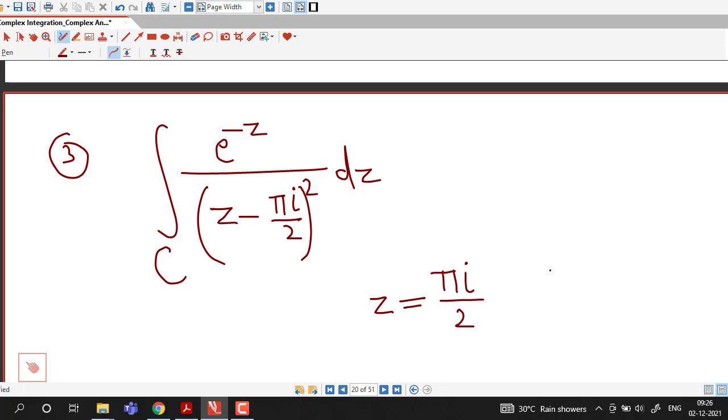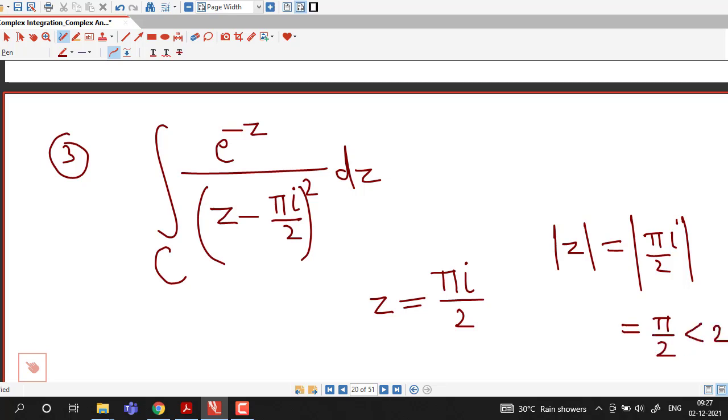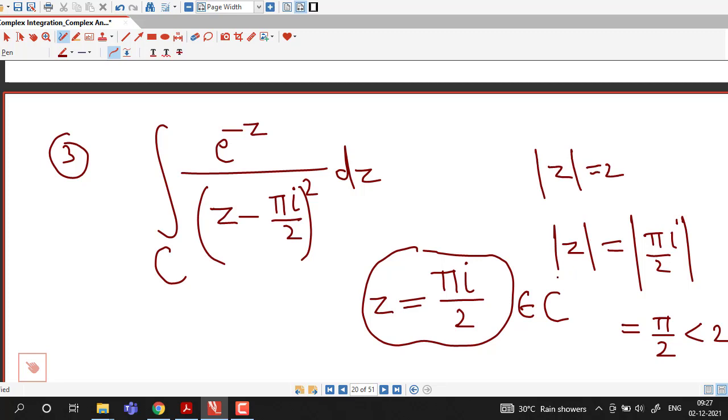And we know that this z equal to pi I by 2, if we find out the modulus of this z equal to pi I by 2, the modulus will be pi by 2 and it is less than 2. So this z equal to pi I by 2 is the point at which this function is not analytic, and that point lies inside mod z equal to 2 because the modulus of this pi I by 2 is less than 2.